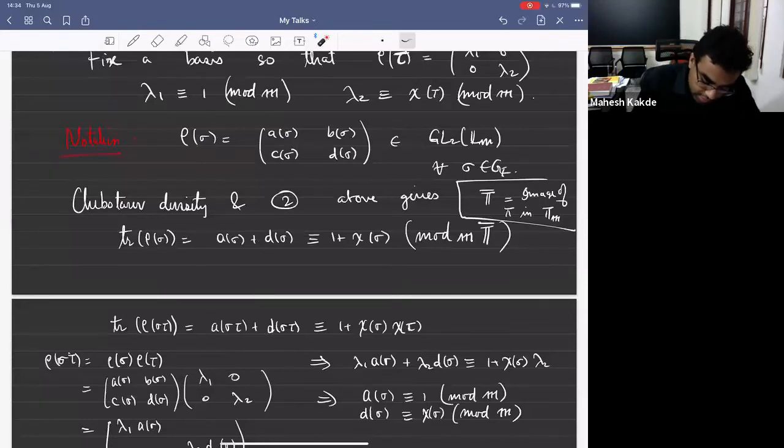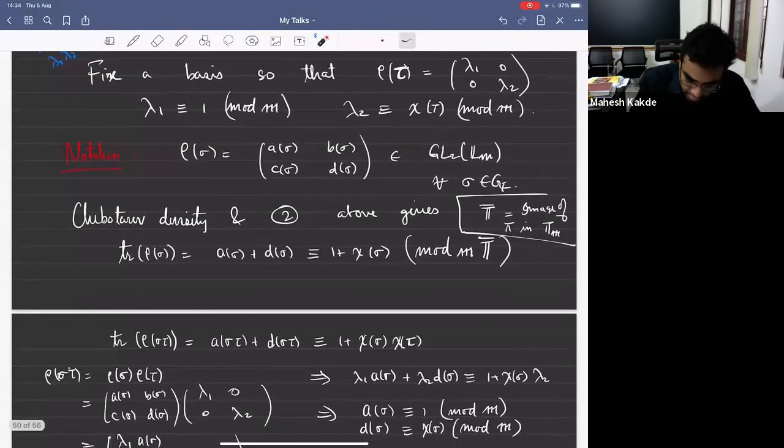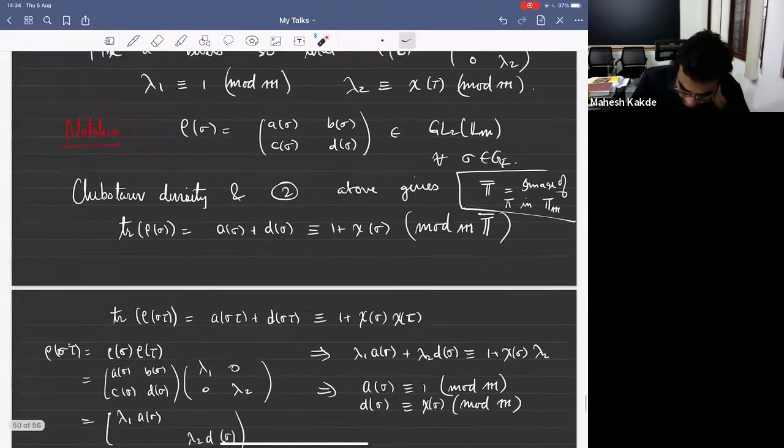So Chebotarev density will tell you that the trace is 1 plus chi sigma, exactly what I was writing here, and the determinant will be chi sigma. Okay, so I don't need it immediately, so I'll not write it down.